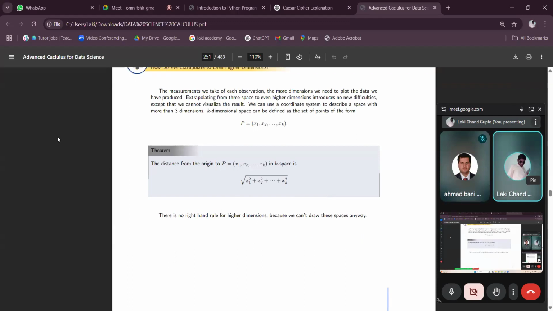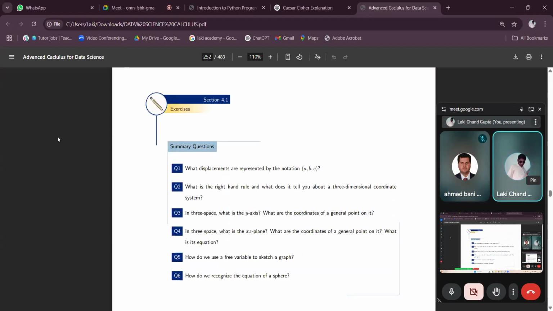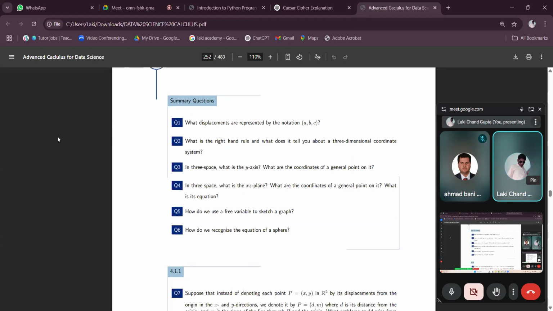Distance from a point in space. This is not important. What displacement is represented by this notation? It means that on the x-axis you are moving a distance a, on the y-axis you are moving b distance, and on the z-axis c distance, right?